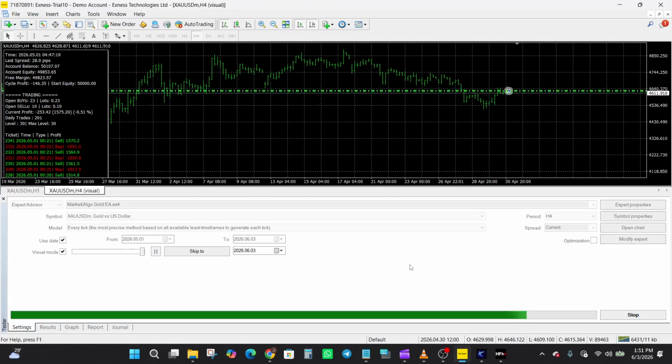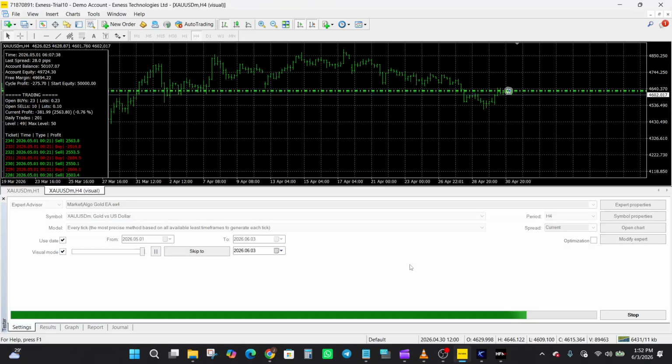It's also important for you to remember that the backtested results are just historical results, and they can vary depending on the conditions of your broker, the spreads, the prevailing market conditions at the time, and even the settings that you are using for the EA.